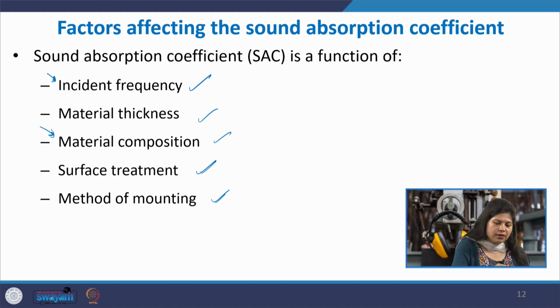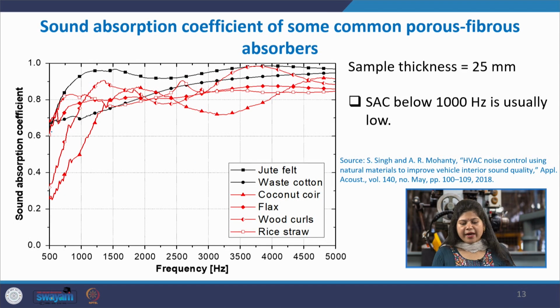Here I have a diagram from my own paper which we published in 2018, where we were comparing the sound absorption coefficient of various common porous fibrous absorbers: jute felt, waste cotton, coconut coir, flax, wood curls and rice straw. So, various kinds of natural plant-based porous fibrous absorbing materials were made and their SAC was compared.